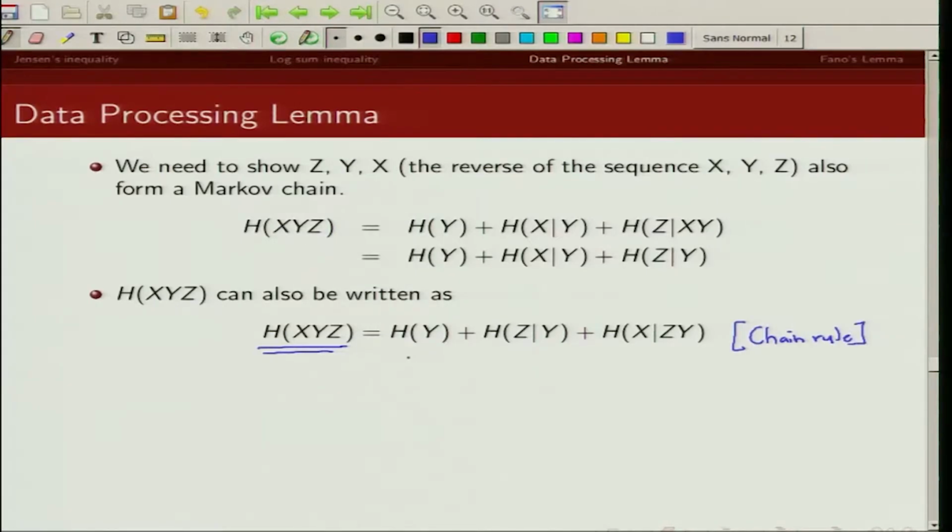So I can write the same thing as H of Y plus H of Z given Y plus H of X given Z, Y.